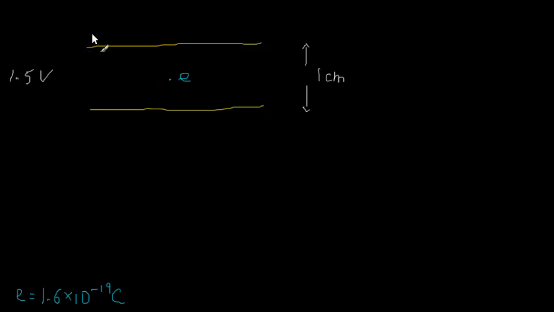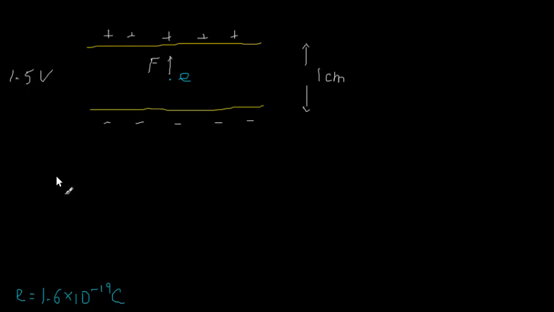Let me say positive charges on the top plate as before, and negative charges on the lower plate. So the positive charges would attract the electron, since an electron is negative. So the electron would experience an upward force. I'll call that F.